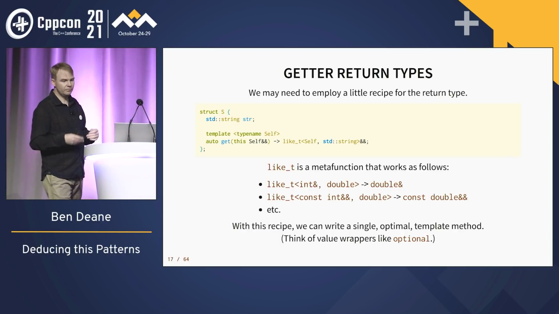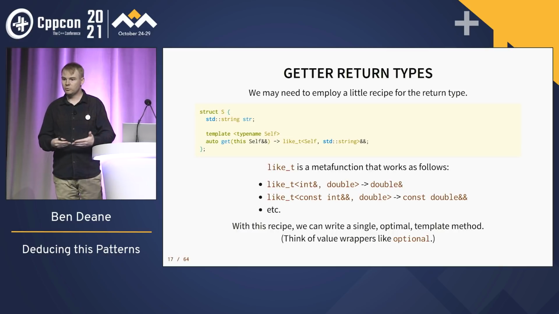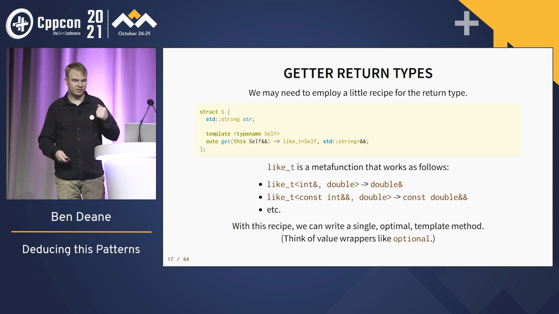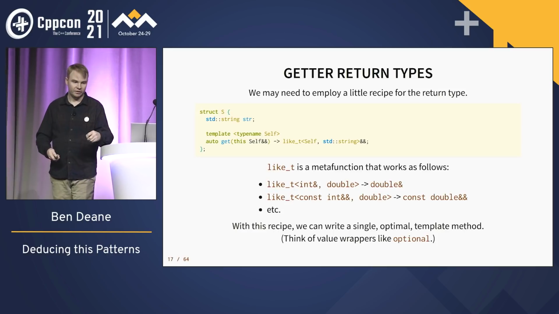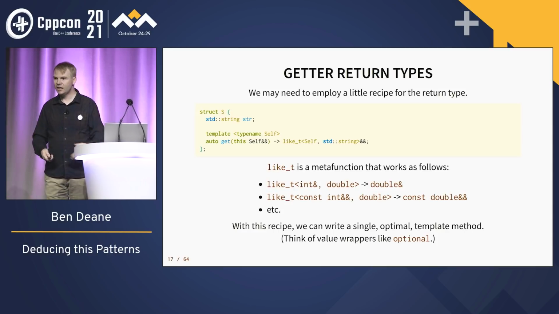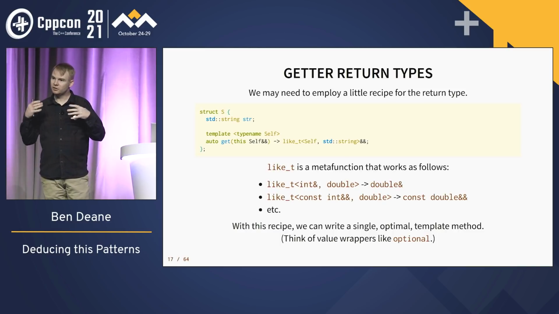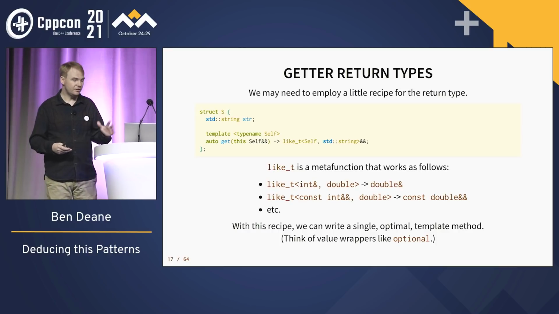With this recipe, you can write a single optimal template method, which will do the right thing for all of the reference categories. So when Self is a const ref, the getter will return a const ref to member. When Self is an rvalue ref, the getter will return an rvalue ref, etc. So immediately you can think of writing value wrappers like optional, and this hopefully immediately has a lot of value, all that deduplication.